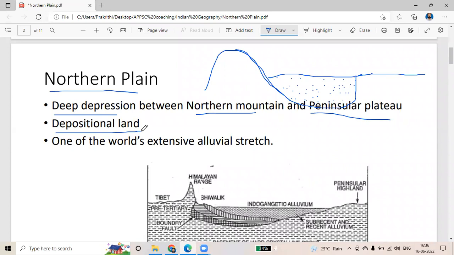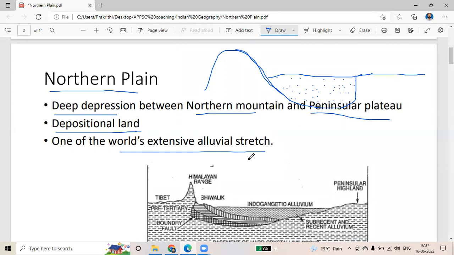As this is depositional land, it is considered one of the world's most extensive alluvial structures. It is very important because it is highly suitable for agriculture. Other than the flood-prone regions, the remaining area can be used.